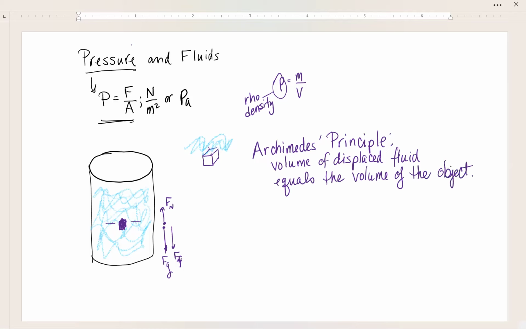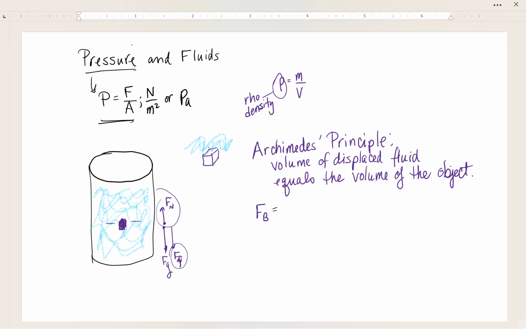Equals the volume of the object. So that's not bad at all. Because this normal force here is going to get a special name. And that volume of the displaced fluid is now pushing up, because it wants its space back. And so the buoyant force, see, there's my normal force, or the force of my fluid.